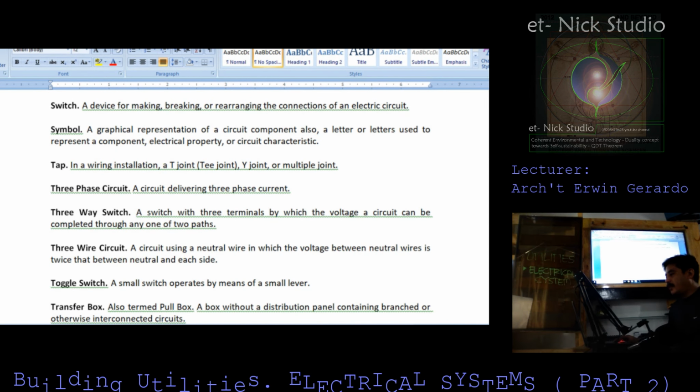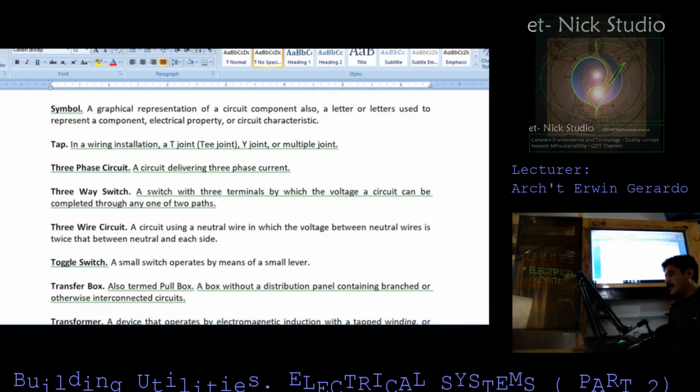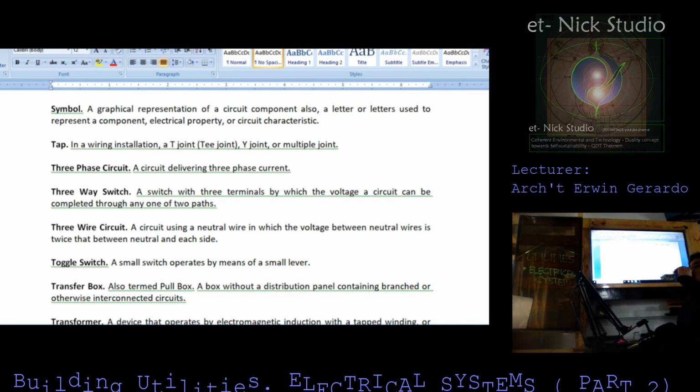Switch is a device for making, breaking, or rearranging the connections of an electric circuit. Symbol is a graphical representation of a circuit component, also a letter or letters used to represent the component, electrical property, or circuit characteristics.